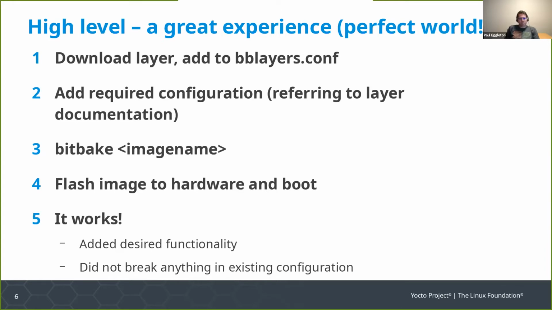Bitbake whatever desired image is, to include that. Flash that image to the hardware, or maybe start it up in QEMU, boot it up, and it works. And where it works means it added the desired functionality that we expected it to, and perhaps equally as important, didn't break anything in the existing configuration.